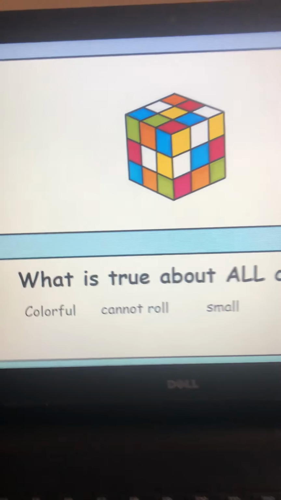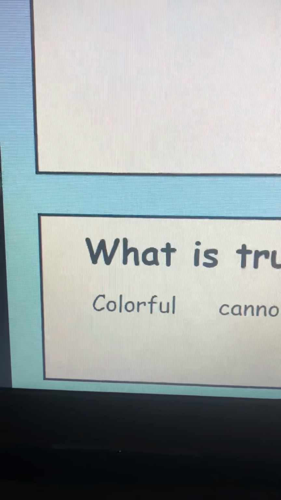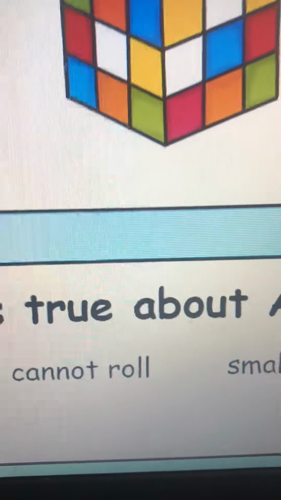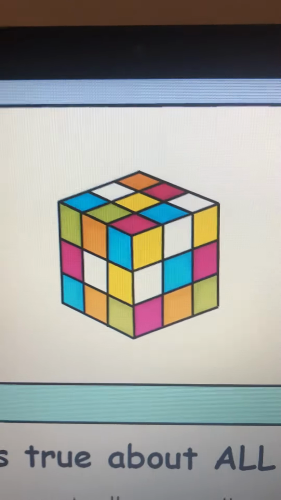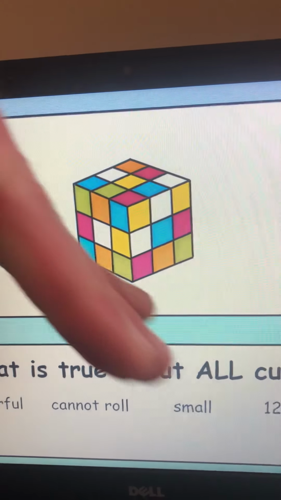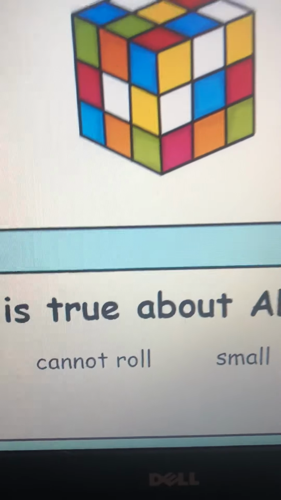What's true about all cubes? They're all colorful. Obviously, a dice is not colorful, so no. Cannot roll. Okay, if you put this cube on top of a hill, it might slide down, but it's not gonna roll around. So that's correct.